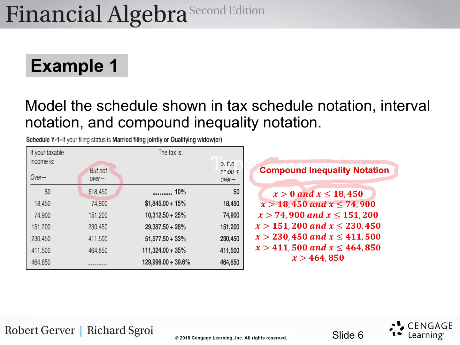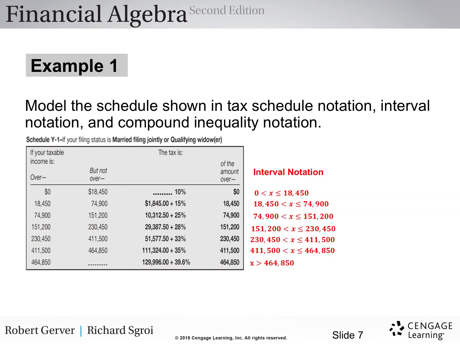If we move further down to this row right here, you can see that it's written as x is greater than $230,450 and x is less than or equal to $411,500. So this would be compound inequality notation.